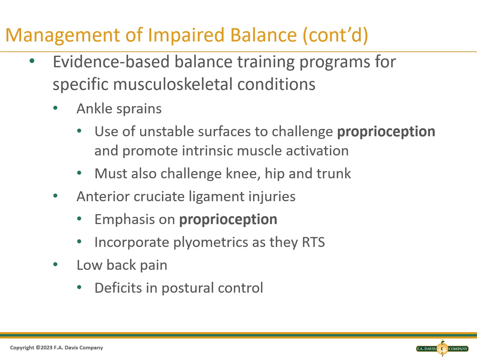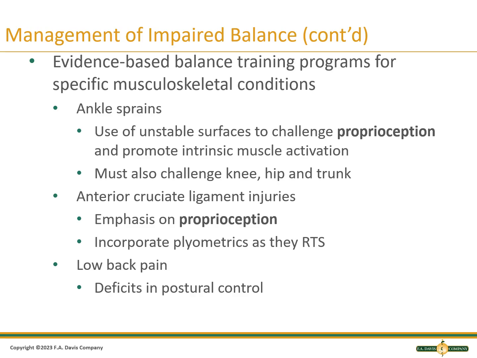Figure 8.25 in your textbook shows a progression of single leg stance on a Bosu ball for a patient following an ankle sprain. But we must also challenge the knee, hip, and trunk when we're doing this. So we want to educate the ankle, with neuro reeducation on stability and control through balance training. But we also want to make sure that we are using the knee, hip, and trunk to contribute to those things.